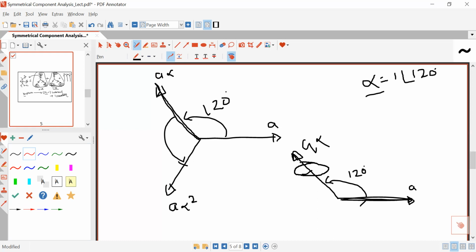The vector at 120 degree from the reference vector with the same magnitude can be written as A into alpha. You must remember this to understand the symmetrical component synthesis and analysis equations.